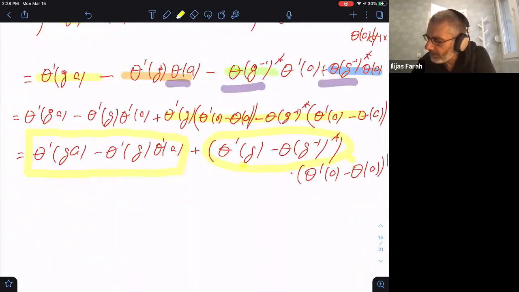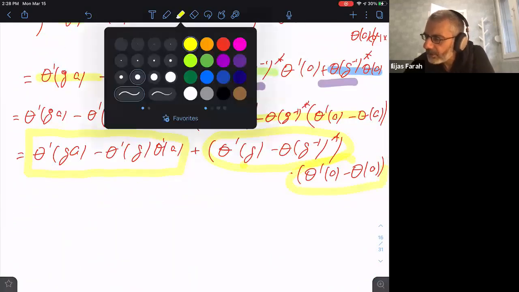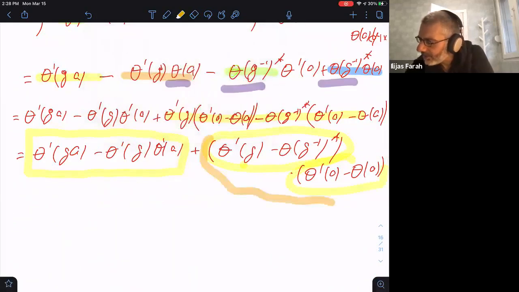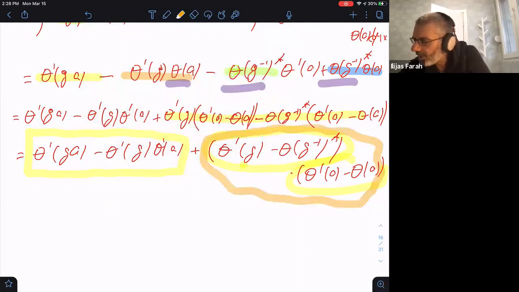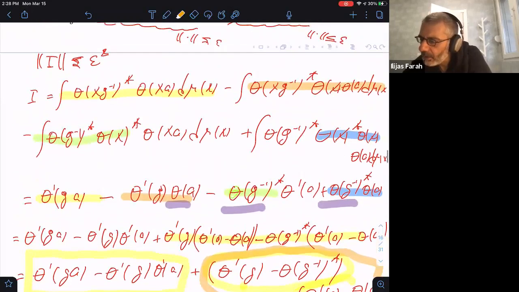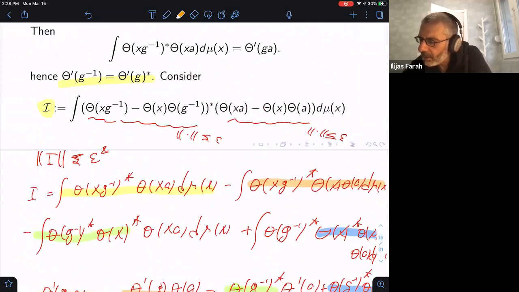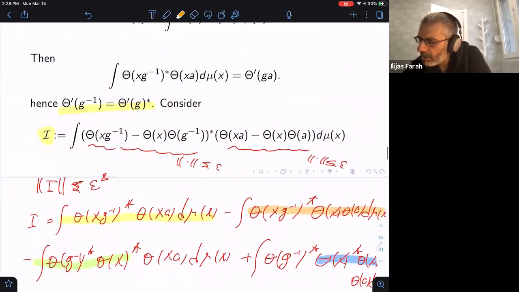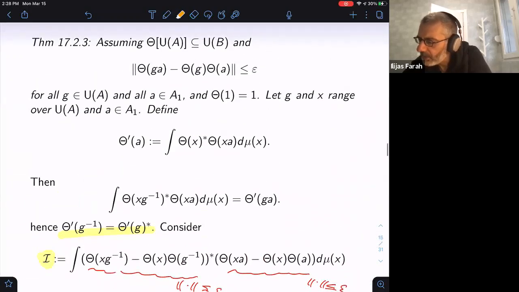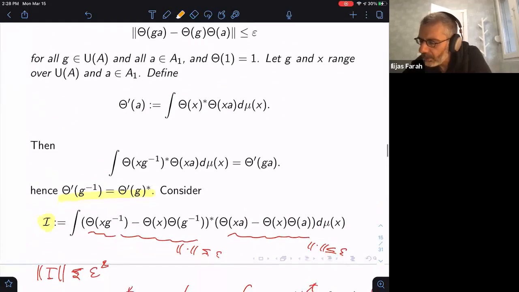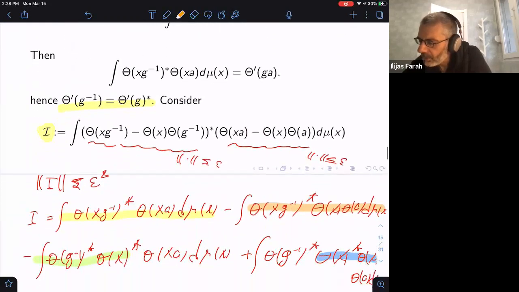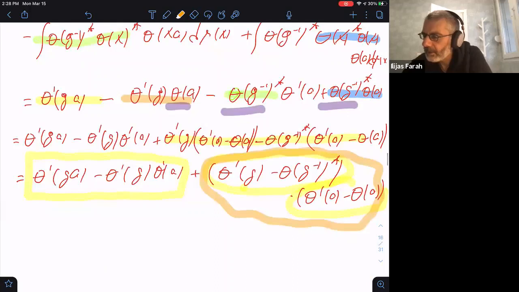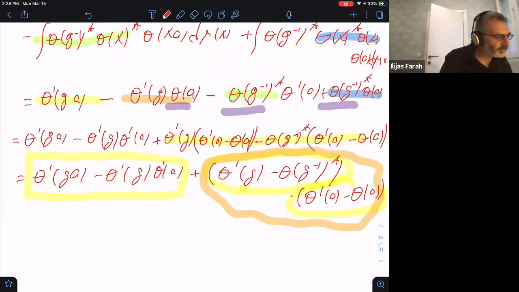Hold on. I want this part here. Sorry about this. So this part here is supposed to have norm at most epsilon squared. Wait, did I forget to say something? I think I've skipped something. Okay, right, yes.